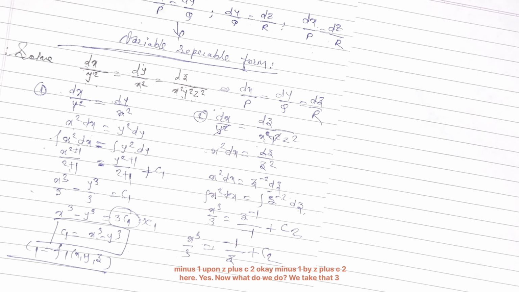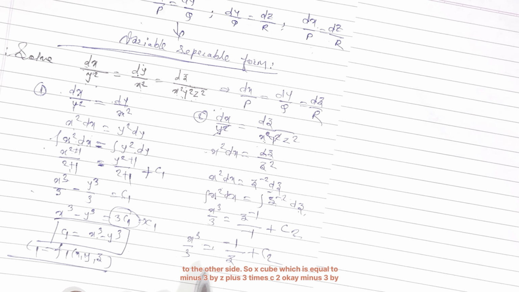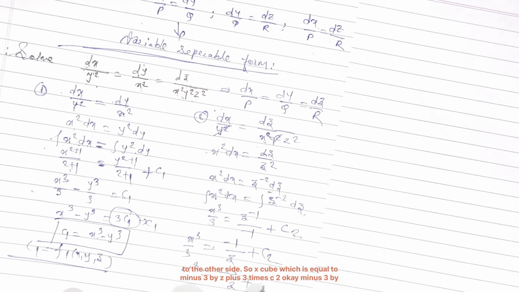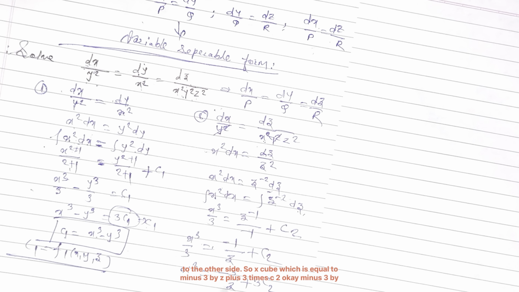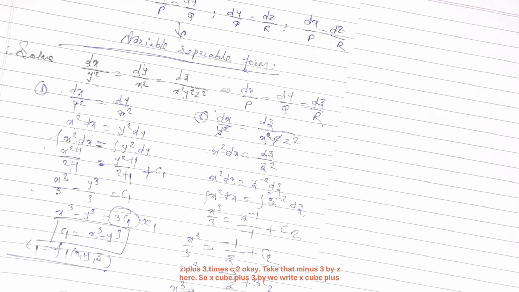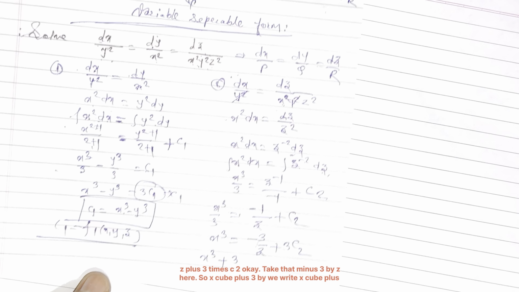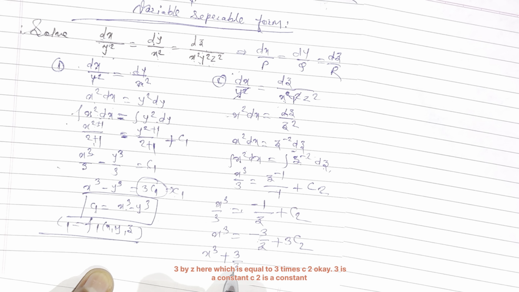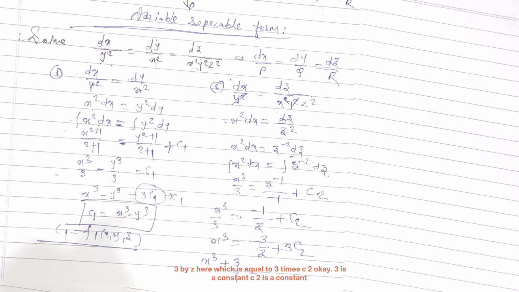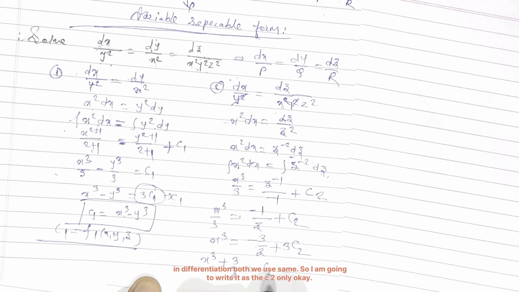Now we take that 3 to the other side, so x cube is equal to minus 3 by z plus 3 times c2. Take that minus 3 by z here, so we write x cube plus 3 by z is equal to 3 times c2. 3 is a constant, c2 is a constant, in differentiation both behave the same, so I write it as c2 only.